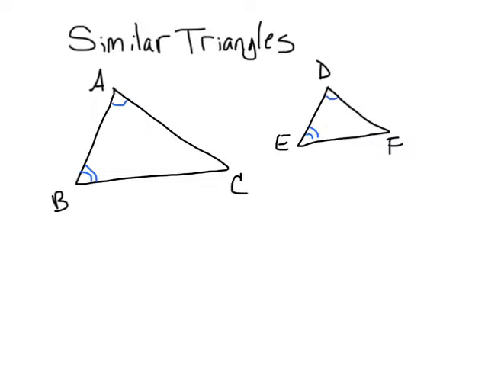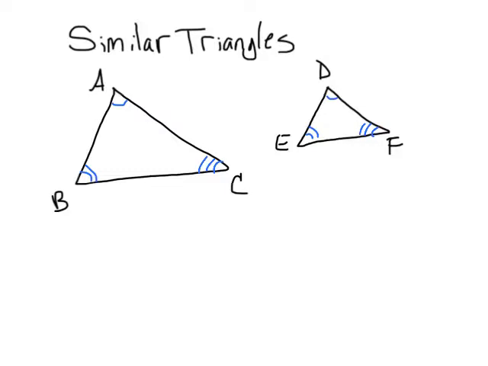And same thing over here. In any triangle, the angles add to 180. Well, if these two are the same, and these two are the same, it follows that the third angles are also the same.